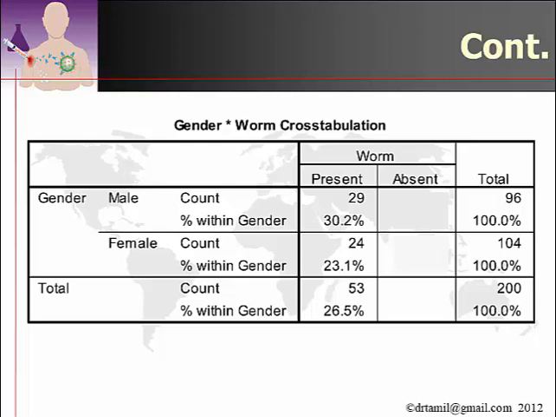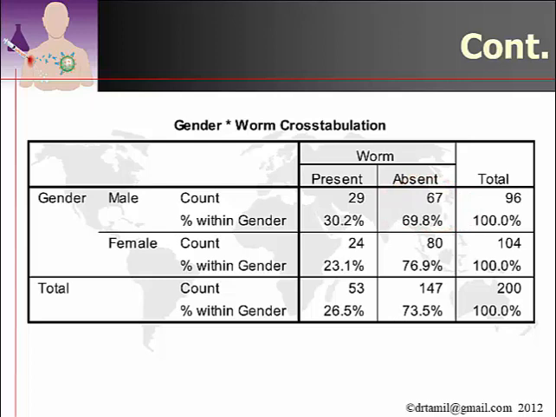You subtract the values to get the totals. This one is 200. This one is 53, so 250 is 147. Then 104 minus 24 is 80. And this one is 67. So now we have this.